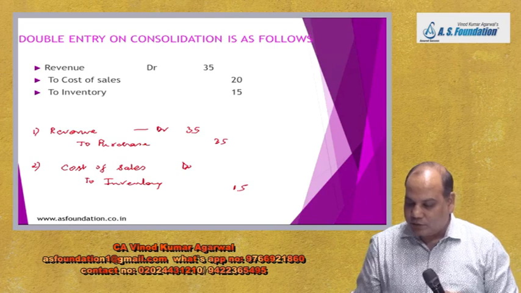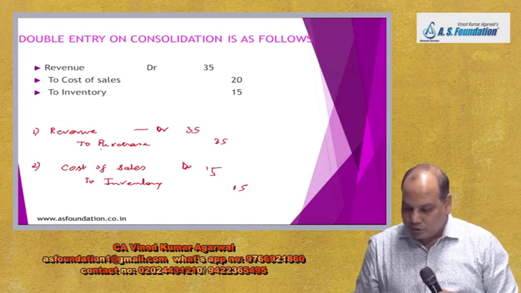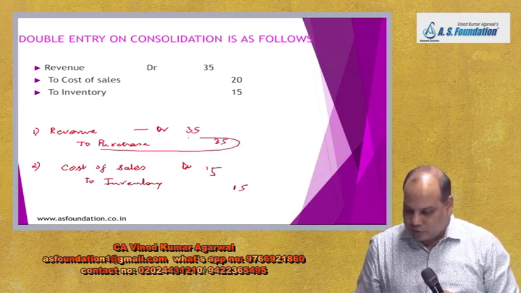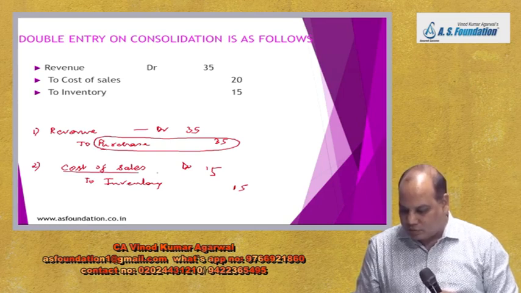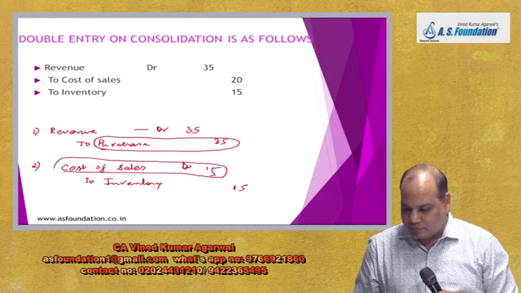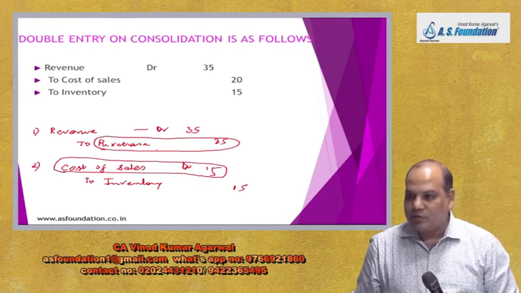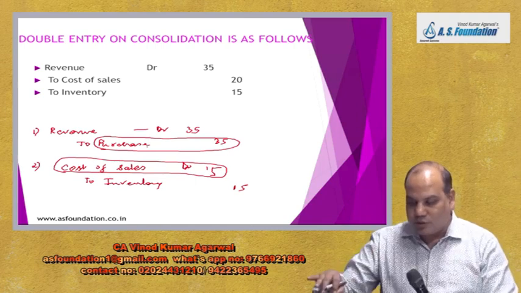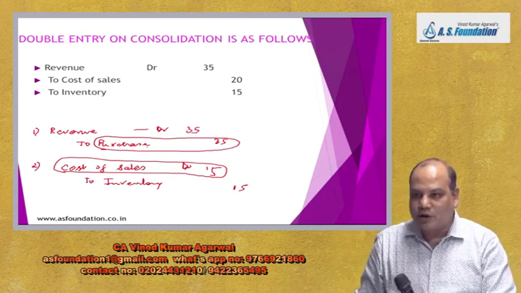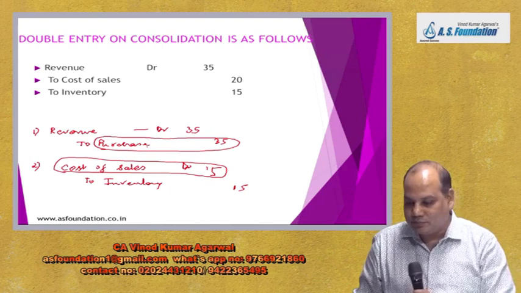Now what is the net effect in the cost of sale? Purchases 35, this is 15. Purchase is reduced from cost of sale. Cost of sale you are crediting, means cost of sale will reduce by 35.